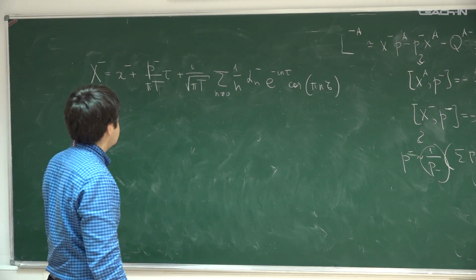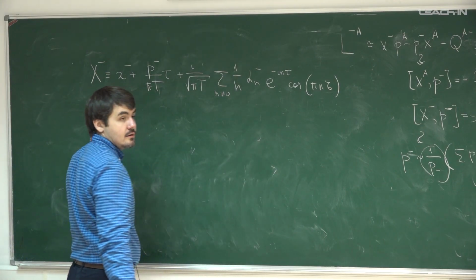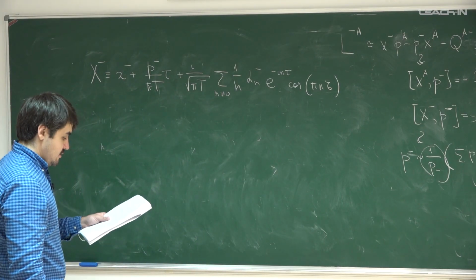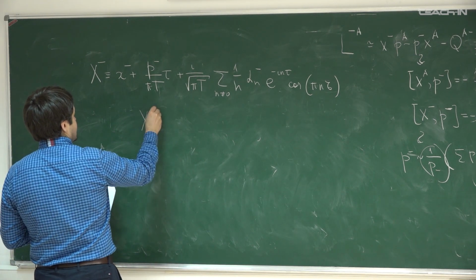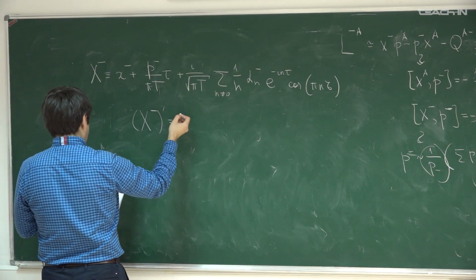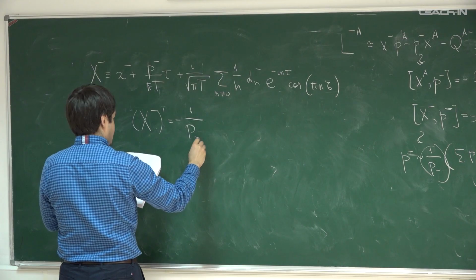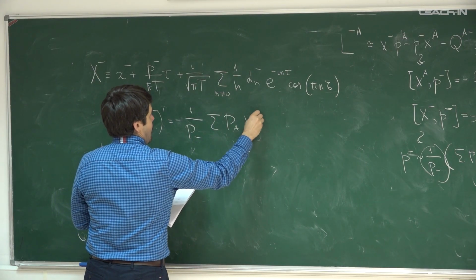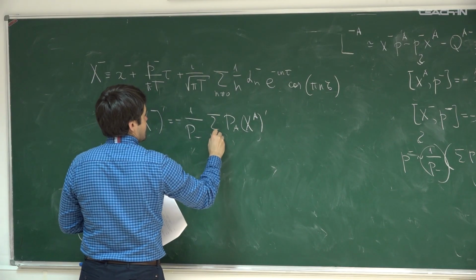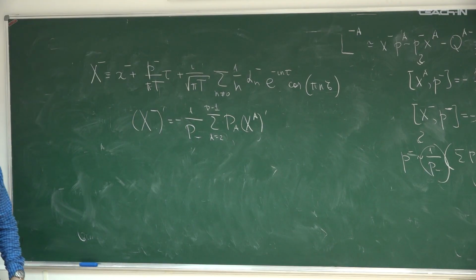Okay, that's just a definition, if you like, of this alpha minus. But then this alpha minus is not an independent variable because we have the constraint that x minus prime equals minus 1 over p minus sum over pa, right?